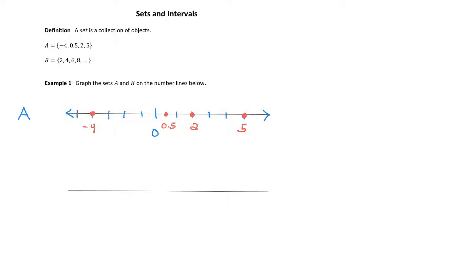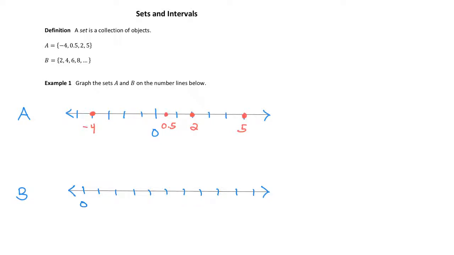Likewise, we have this other set B. So again, I'll start by drawing some arrows on the end, and notice that, okay, here we're starting at 2 and the numbers are increasing. So to get a good idea of what this looks like, you can really start anywhere, but maybe I'll put 0 over here, and then we'll have 1, 2, 3, 4, 5, 6, 7, 8, 9, 10, and so on.